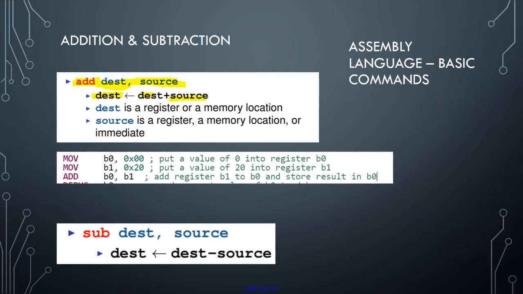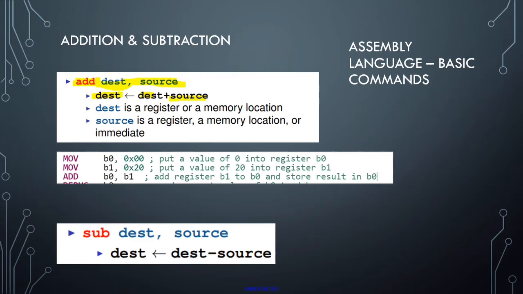So we talked before about how when we move things, we can't move things from a memory location to a memory location. We don't really have that restriction here with the add command. We can add two memory locations, two registers, a register and a memory location. It doesn't really matter.